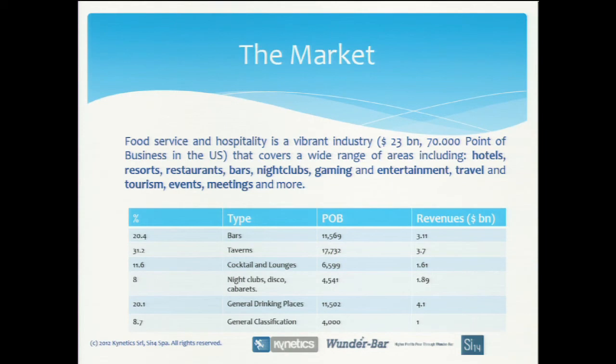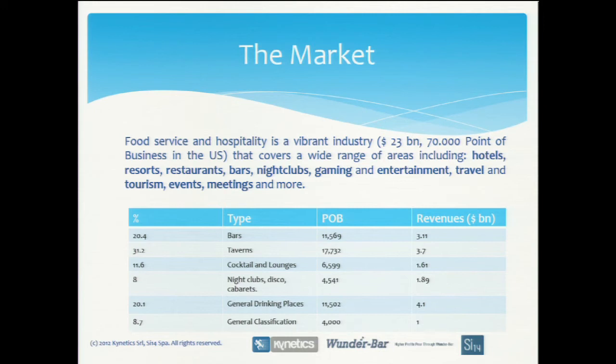It can include hotels, resorts, restaurants, bars, nightclubs, whatever. We have what we call bars: taverns, cocktail lounges, nightclubs, discos, etc., at 20.4%.